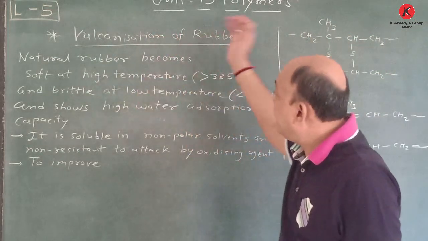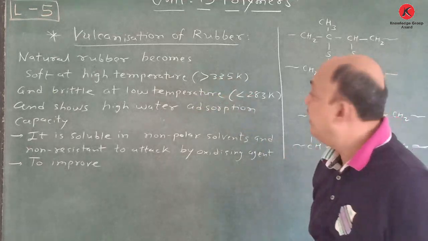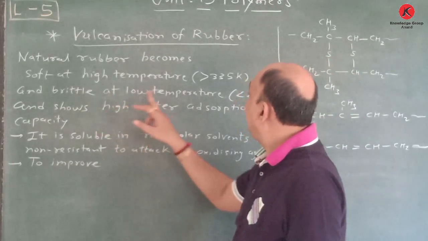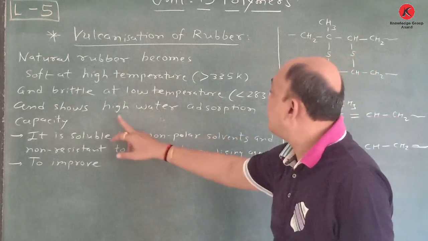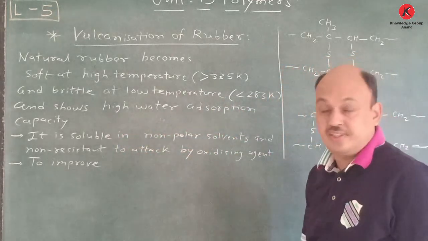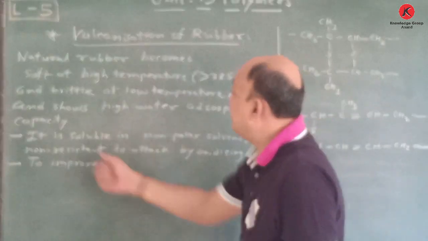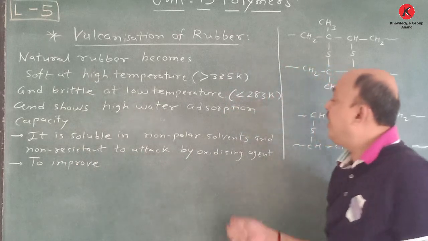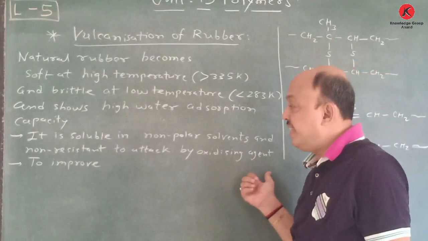Natural rubber becomes soft at high temperature, that is 335 Kelvin, and brittle at low temperature below 283 Kelvin, and shows high water absorption capacity. Remember this, it is asked in MCQ examinations. It is soluble in non-polar solvents and non-resistant to attack by oxidizing agents.